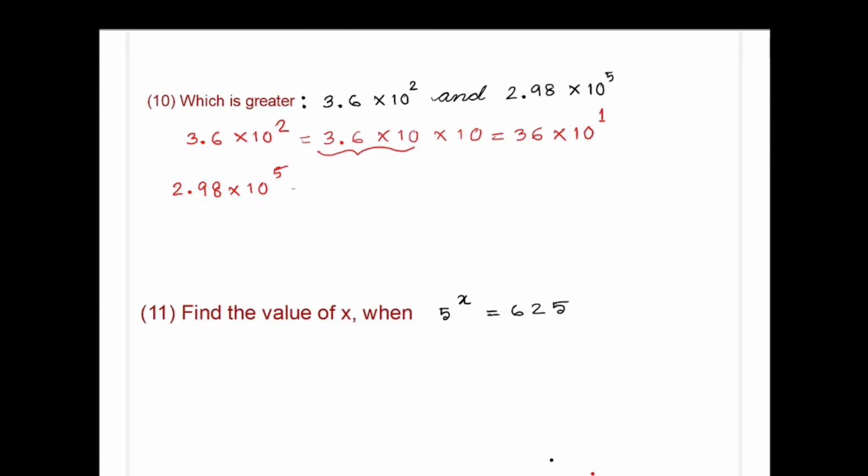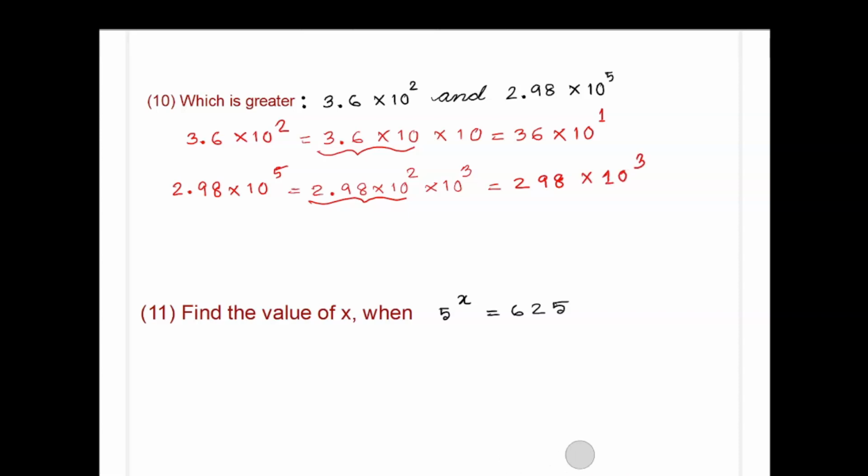So if we write like that, 2.98 into 10 to the power 2 into 10 to the power 3. See, why we have written like that? Total how many? 5. 2 I have written here and another 3 I have written here. Ultimately, 5 tens are multiplying. But separately we are writing because our motive is to remove the point. So after solving this, we will get 298 into what? 10 to the power 3.